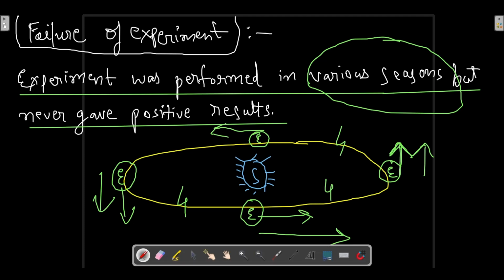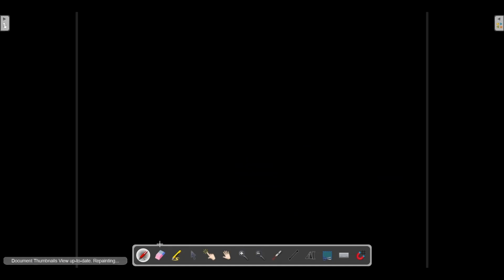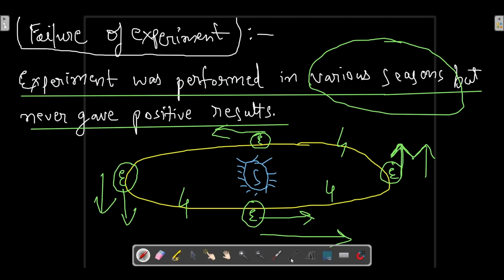Now, what happened in the experiment? We said that the Michelson-Morley experiment is performed in under half an hour or so. It takes very little time to complete, so during that time the earth covers only a very small portion of the ellipse.